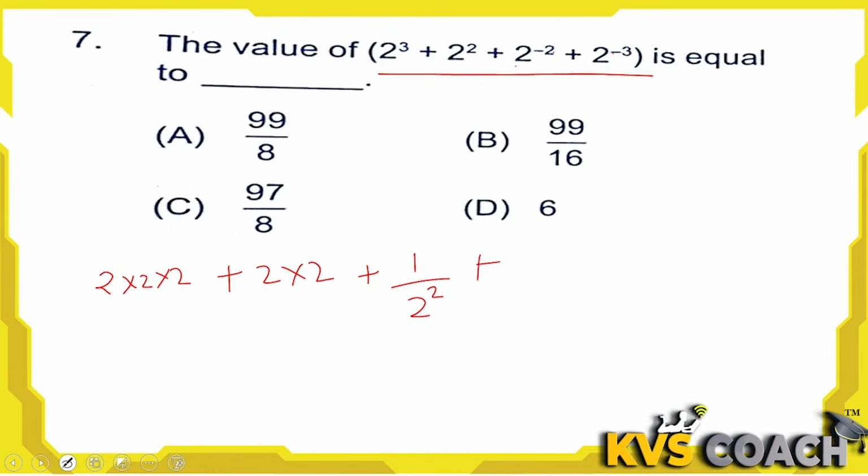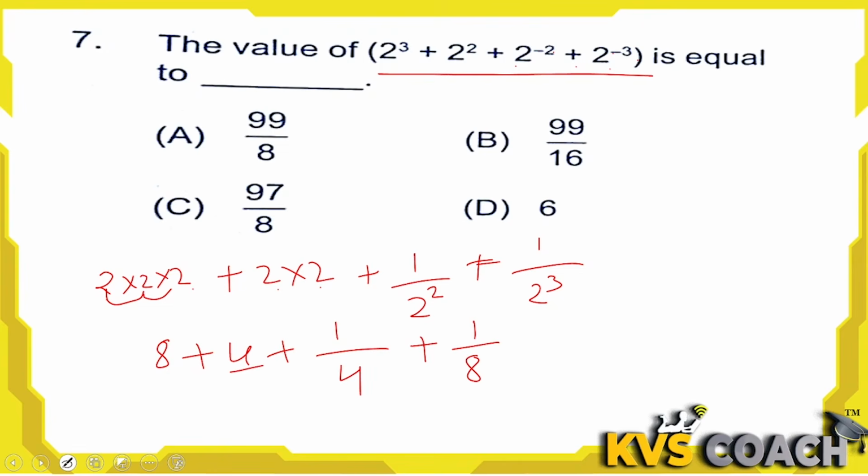Plus here 2 to the power minus 3, that is 1 upon 2 cube. Here 2 cube is 2 into 2 into 2, that is 8, plus 2 2s are 4, plus here 2 square is 4, plus here 2 cube is 8.